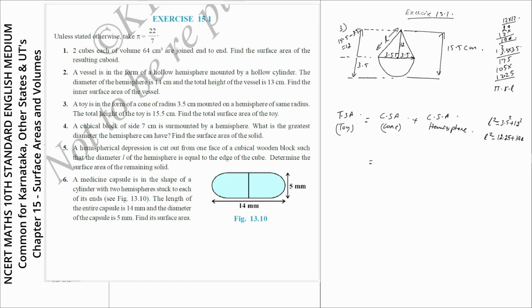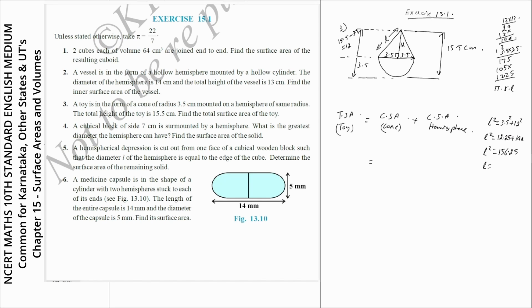So when I add these two, I will get 156.25 as L square.